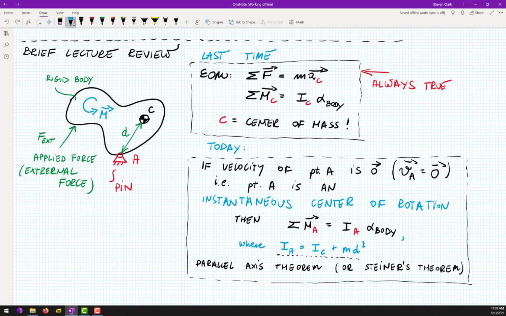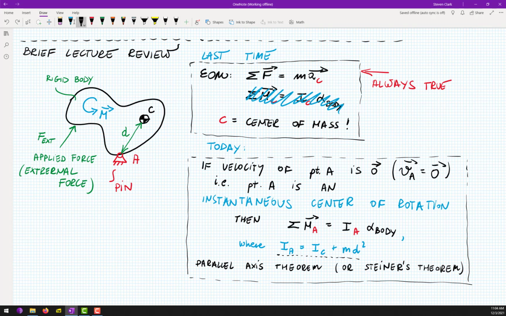However, today we will talk about a very specific variation of what we learned last time. So assume that you localized the instantaneous center of rotation of our body. Then you can actually replace this expression with this expression. I think that arrow is needed here.